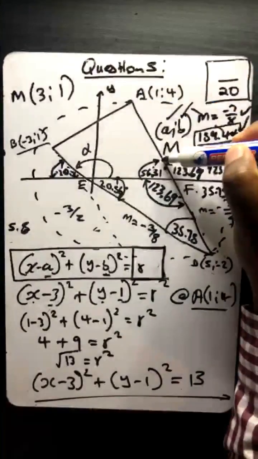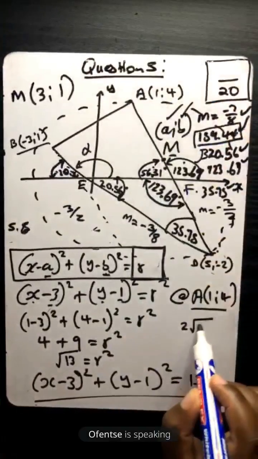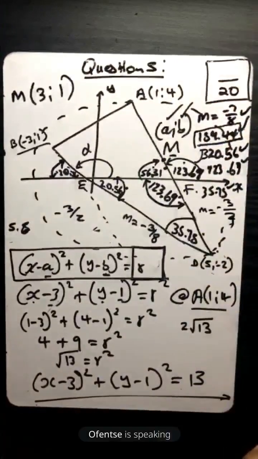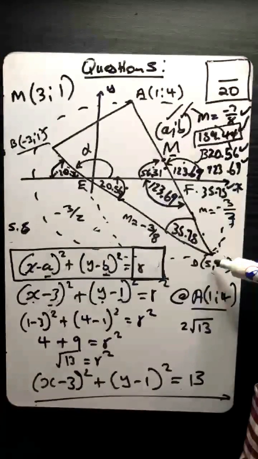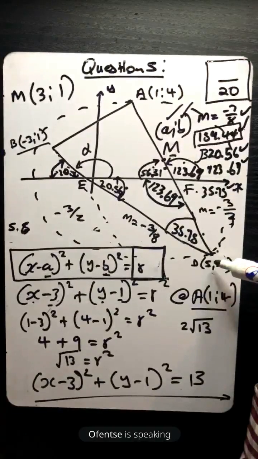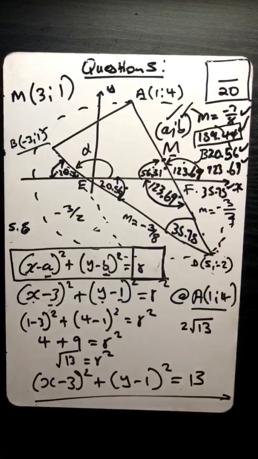And isn't AD the diameter, since M is the center? Then we divide that by 2 to get r.